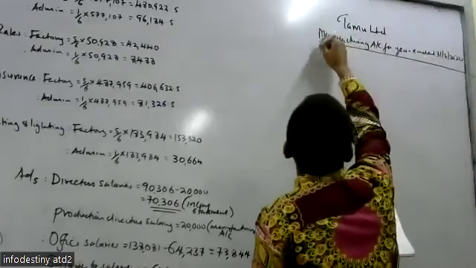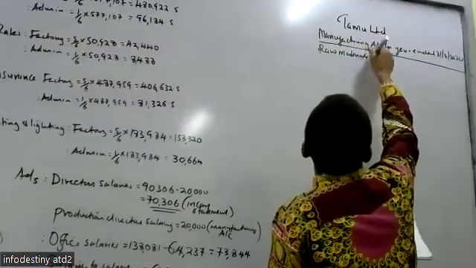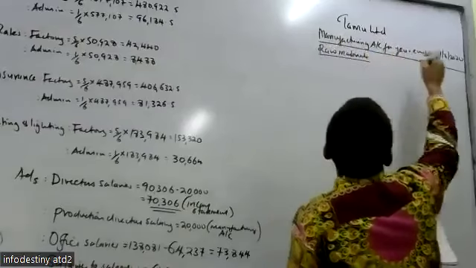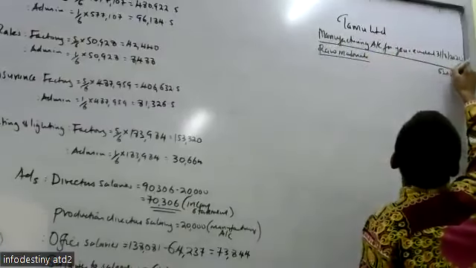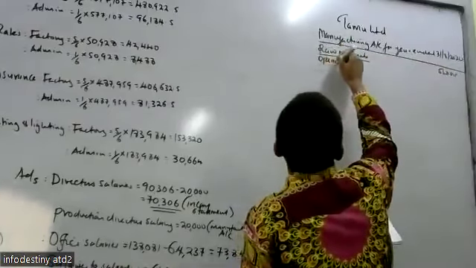We start with raw materials, in thousands. So we start with the opening inventory for raw materials.